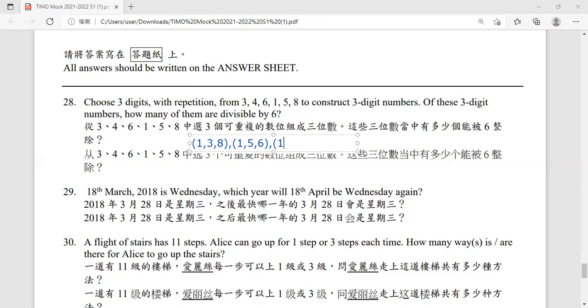And we have 1, 6, 8. We have 3, 4, 5. We have 3, 4, 8. We have 4, 5, 6, and also 4, 6, 8.